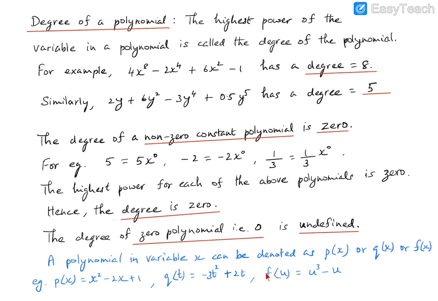So this is a polynomial which is a function of the variable u, a polynomial which is a function of the variable t, and a polynomial which is a function of the variable x, and the function itself we can call p, q, r, f, whatever term you want. This is a notation that you should be familiar with, because later on we will be using this kind of notation to represent our polynomials.